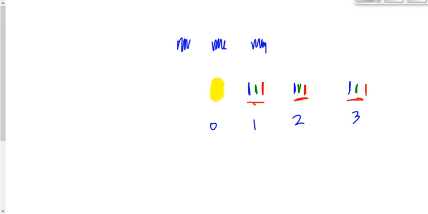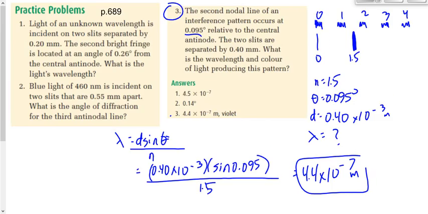If you're given information about the blue, then pretend the green and the red don't exist. Does that make sense? Literally erase the other colors. If you've got more than one color, pick a color for which you have data and go with it. Erase the rest of them. It doesn't make it any harder, it just looks a little harder. That's all.